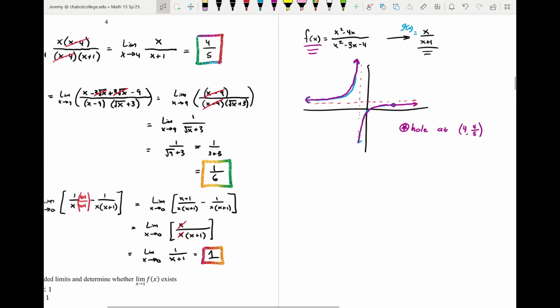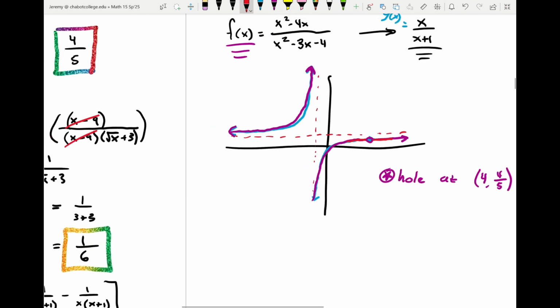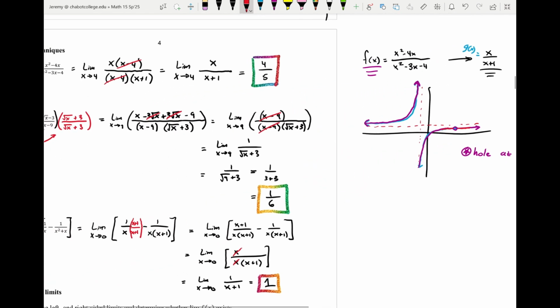But in the end, looking back to this first picture, if it's just a hole in the graph, but we still have the left limit and the right limit lining up, like they're going to the same number, as we can see in this picture, the limit will exist.